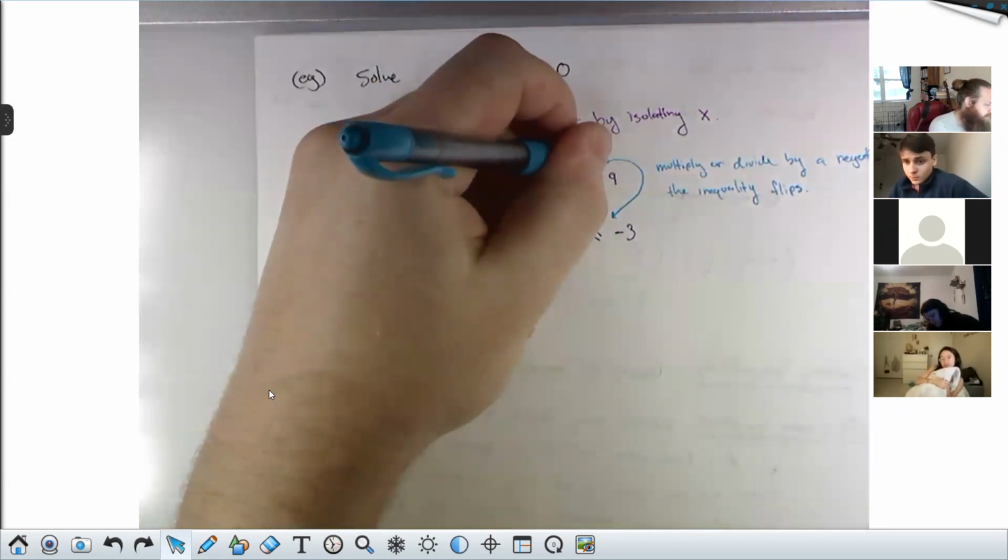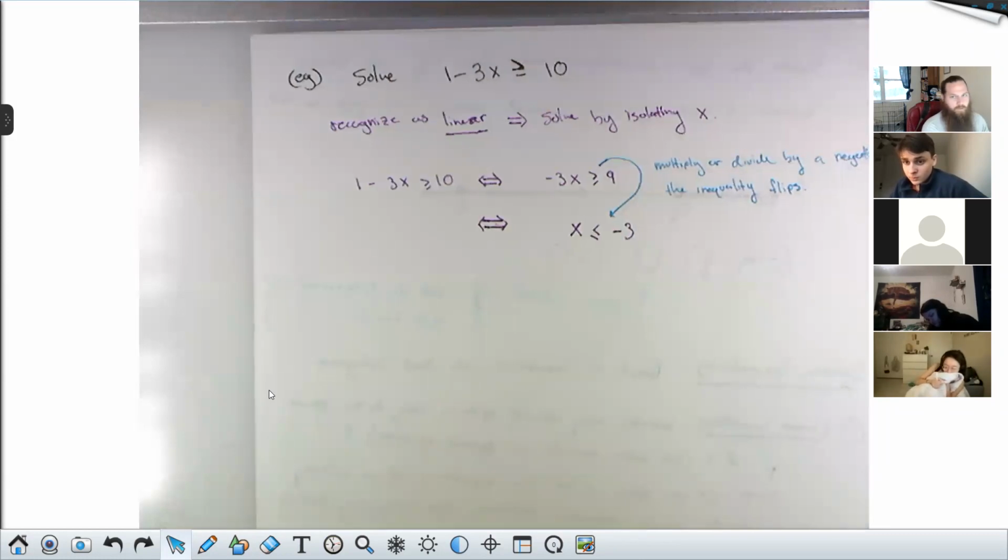So my greater than or equal to became a less than or equal to. And now this inequality, x is less than or equal to -3.